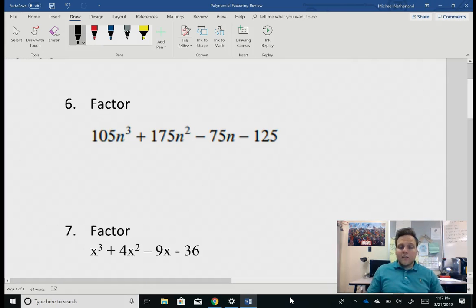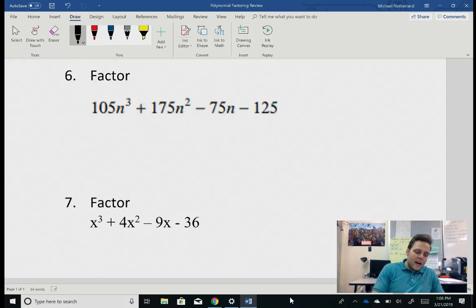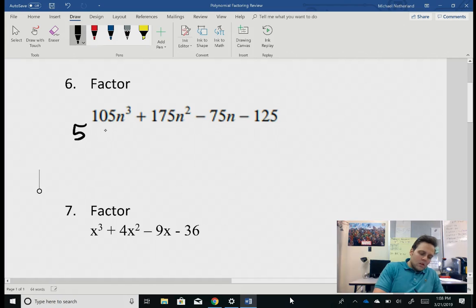Number 6 says factor, and we have 4 terms. But remember, the first thing we always do when factoring is the greatest common factor. So what number do all 4 of these share? They all have a 5 in common.